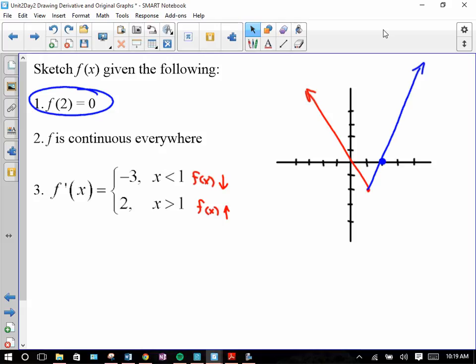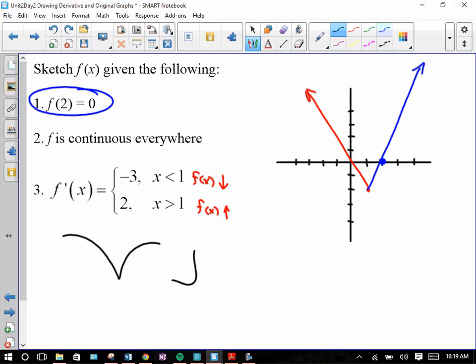Okay, good question. So why wouldn't it be a cusp, and why wouldn't it be a vertical tangent? Alright?